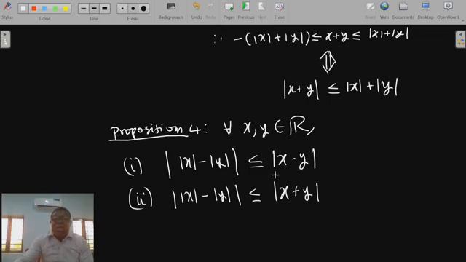So this inequality must not be played with. It must be remembered. So for that reason, I would like to lay further emphasis on it by trying to justify it.